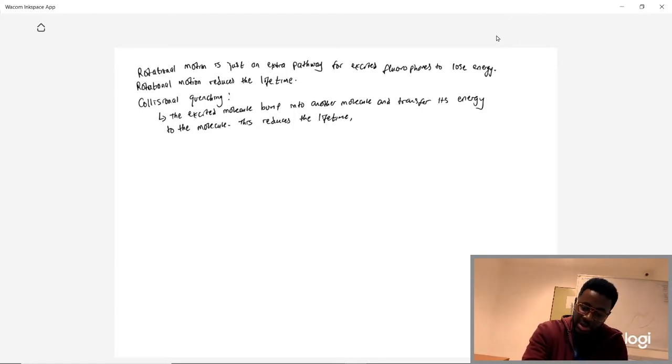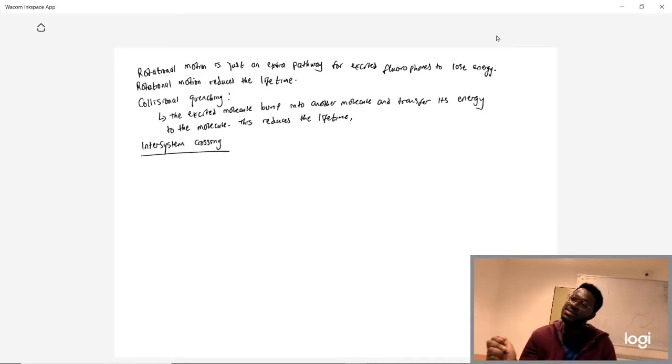Okay, what about intersystem crossing? This is a bit hard. Think about it. How does intersystem crossing reduce the lifetime? Because it's moving from higher to lower energy level.